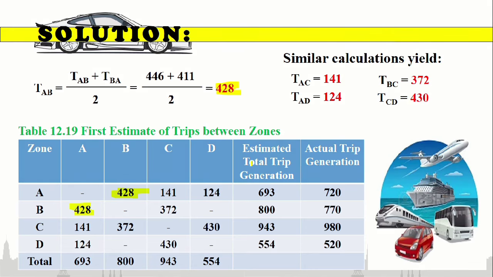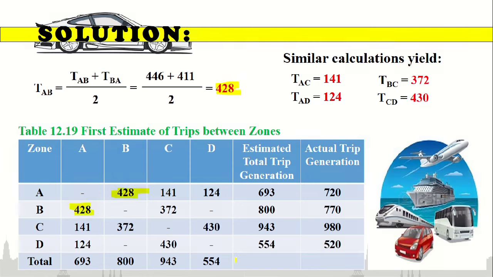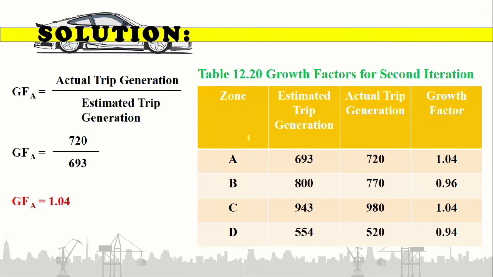So, pagkatapos nun, itong table na to kakopy lang natin, hihiwalay lang natin itong table na to. Kaya magiging table 12.20 na siya, which is the growth factors for second iteration. So, here, given itong mga value na to, makukuha natin yung growth factors for second iteration by using this formula.